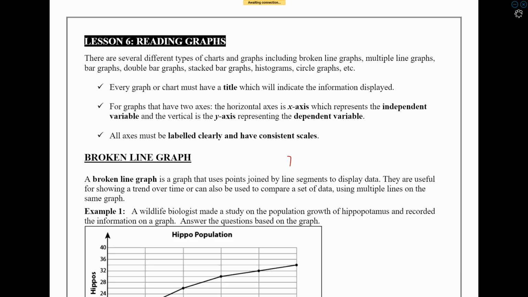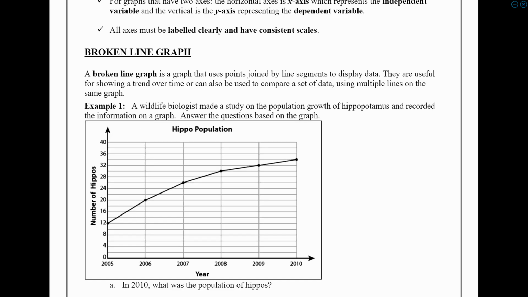Okay. Let's start with a broken line graph. Okay, so let's look at this thrilling graph on hippo populations. A broken line graph uses points connected by a line to display data.